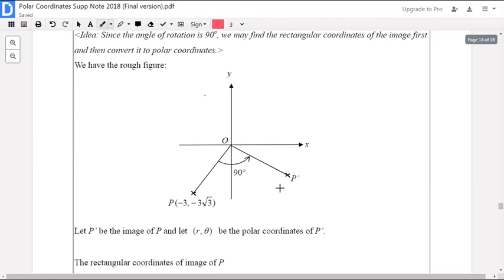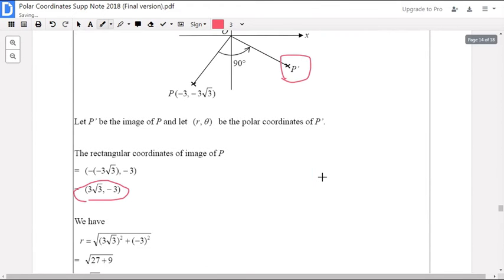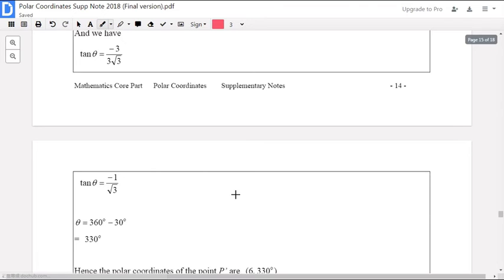And don't forget, here is in the fourth quadrant. According to the rule we have introduced, the angle must be 360 degrees minus the value obtained by pressing shift tangent in your calculator, which is 30 degrees. So theta will be 360 degrees minus 30 degrees, which is 330 degrees.